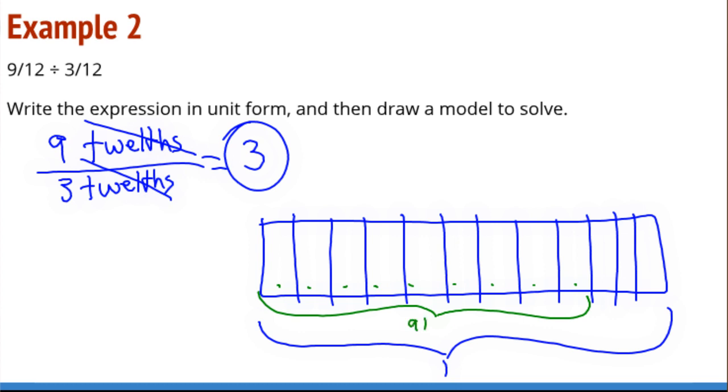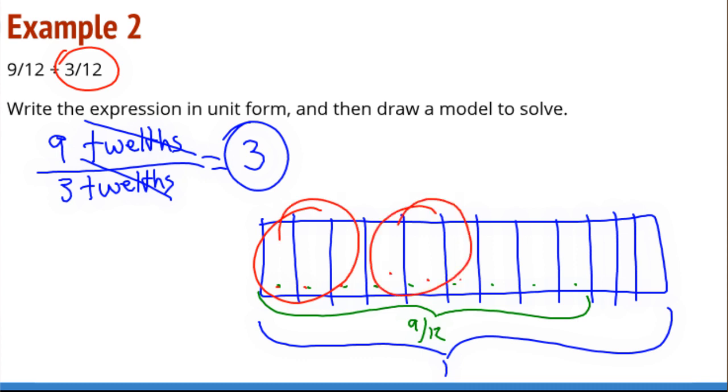So here's my 9/12. And if I'm doing measurement division, I need to do some groupings here, groupings of 3/12. So 1, 2, 3, 1, 2, 3, 1, 2, 3. And I have found that I have 3 groups of 3/12.